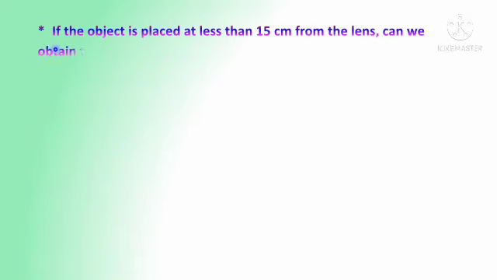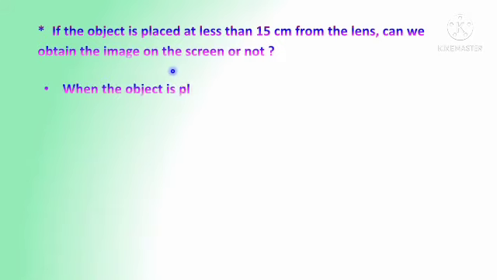If the object is placed less than 15 centimeters from the lens, can we obtain the image on the screen or not? Here, if the object is placed less than 15 centimeters, we can't see the image on the screen.